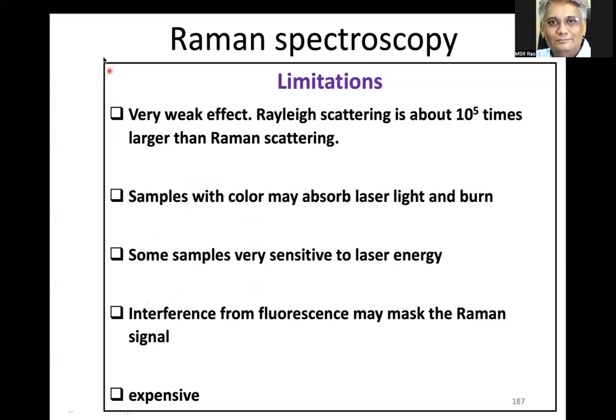The other point is interference from fluorescence, which can completely mask the Raman signal. This I also mentioned in one of the earlier classes: you may have a very strong fluorescence depending on the structure and the dopants that are present in the lattice, and this can change or completely mask the Raman signal.